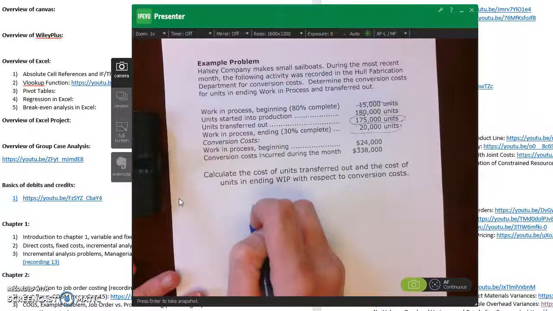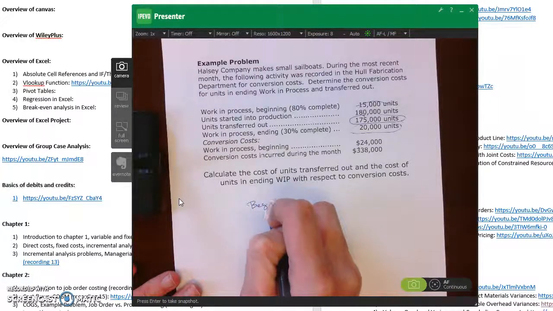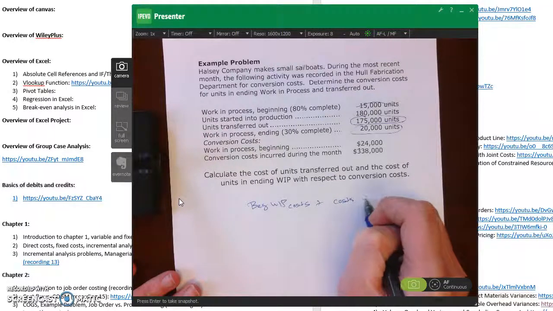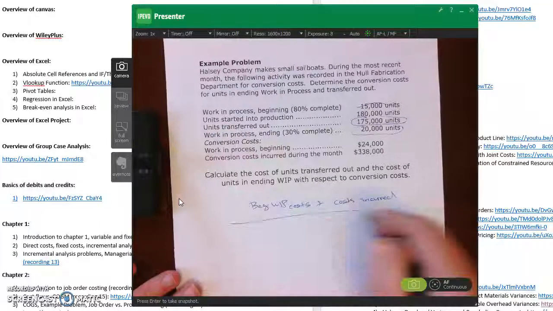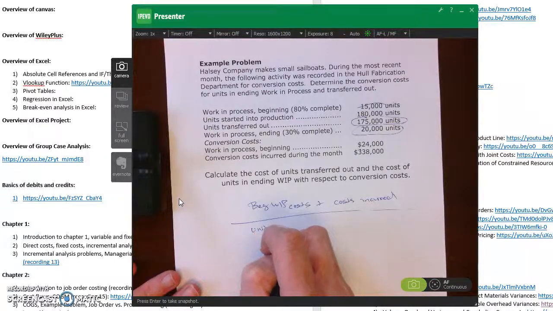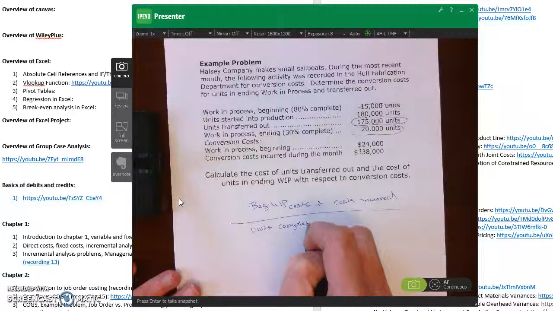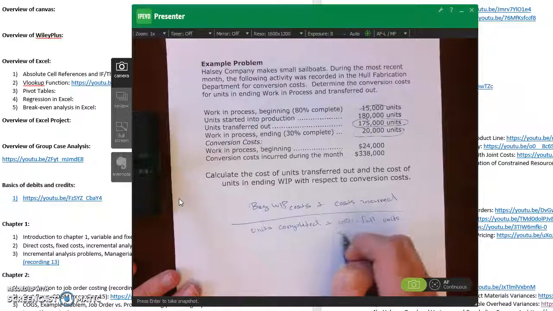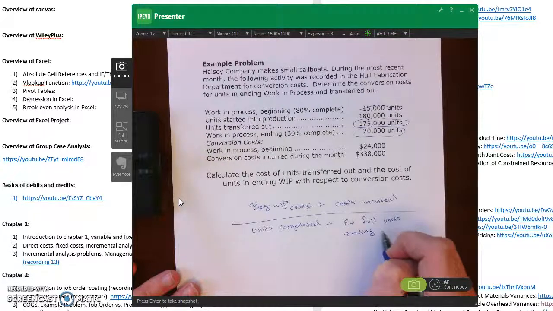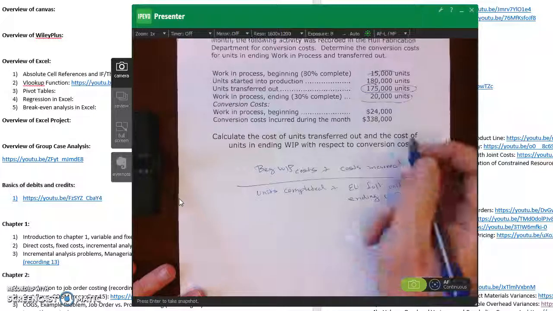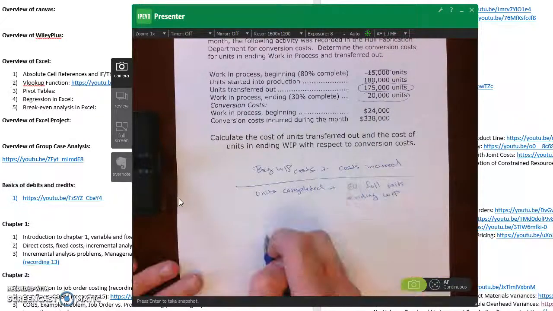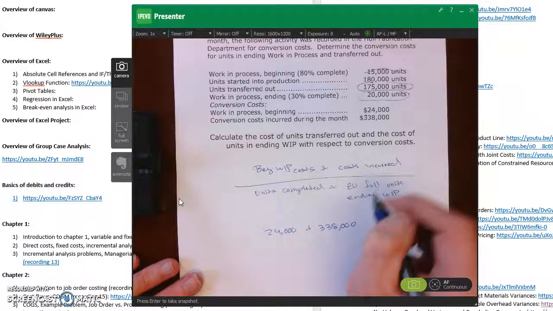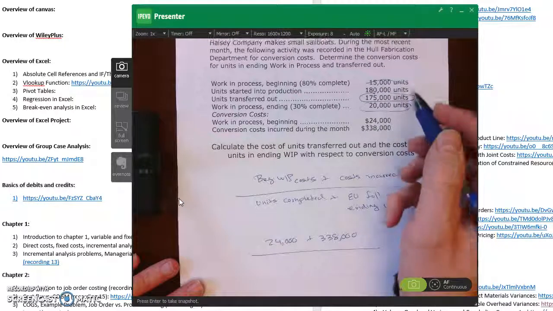So the first thing is, remember, I'm going to say my beginning WIP costs plus costs incurred, divided by units completed plus equivalent full units in ending WIP. So our work in process beginning costs 24,000 plus the 338, which is my extra conversion costs incurred, divided by how many units were completed.